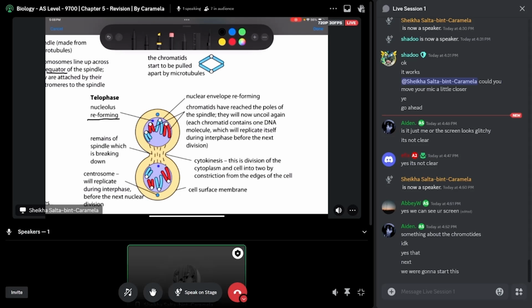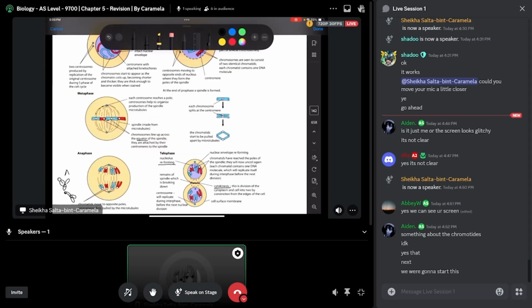The nucleolus reforms, and the spindle fiber breaks down because it's not required anymore. Then the centrosome is present on each end, so one will go in one cell and the other will go in the other. And then cytokinesis also happens alongside this. So it basically pinches off in the middle right here, and then two cells will be formed. The cell surface membrane also expands and divides as well.